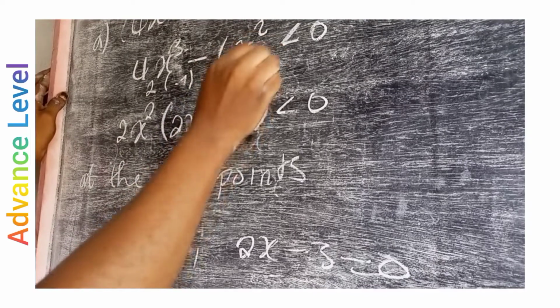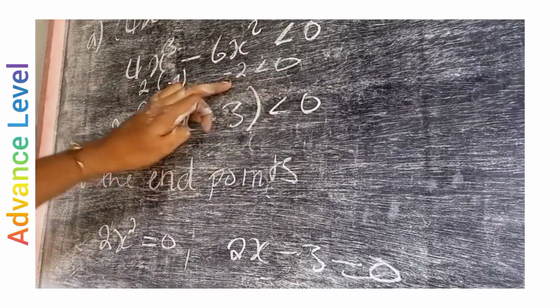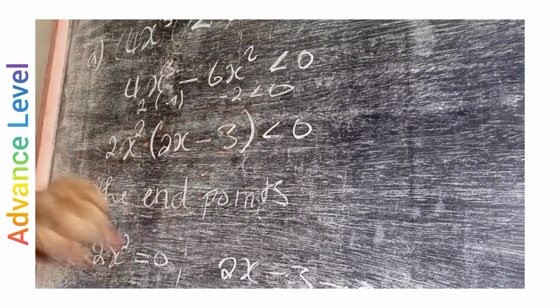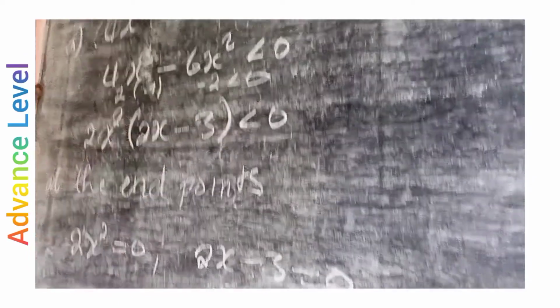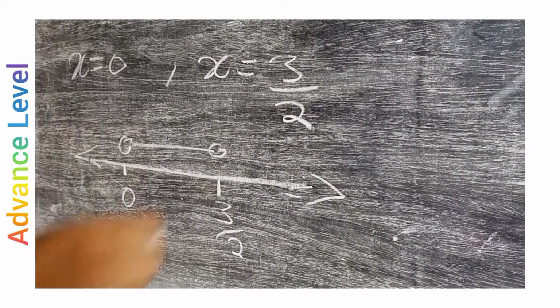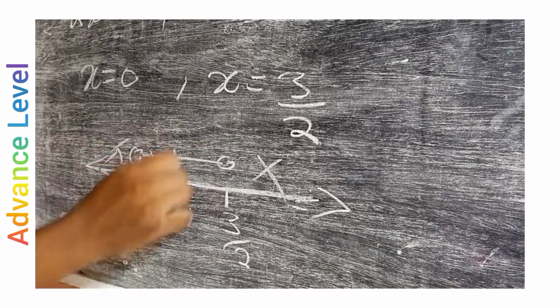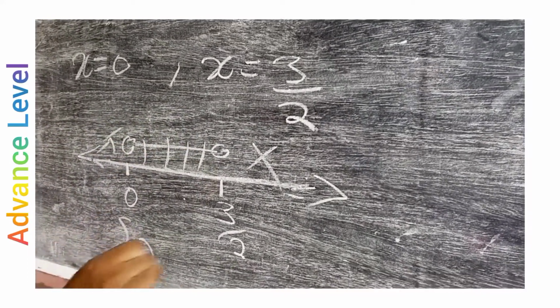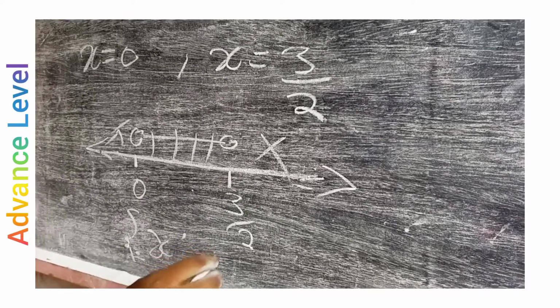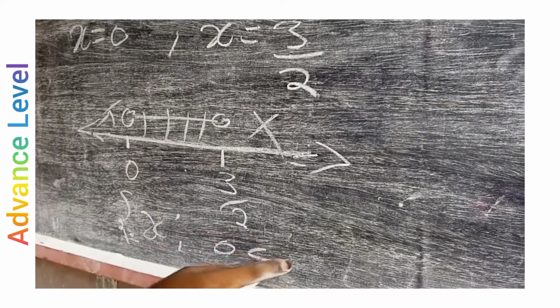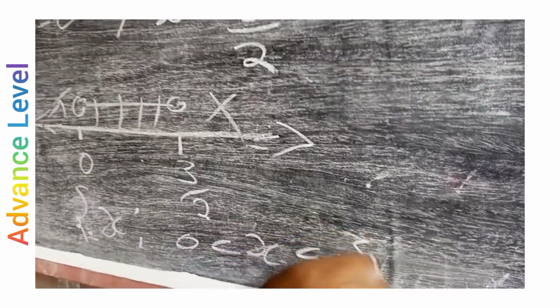So I have negative 2 is less than 0, which is true. So it means this region satisfies. And if it satisfies, this and this will not satisfy. And our solution set will be such that x is such that 0 is less than x less than 3 over 2.